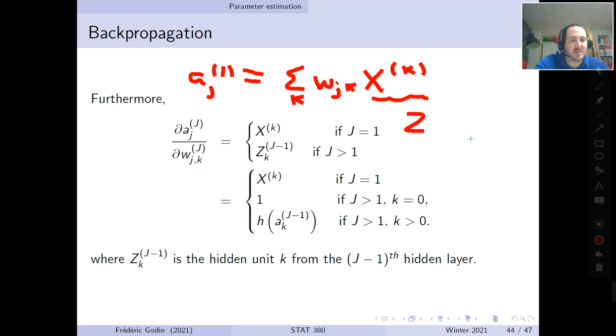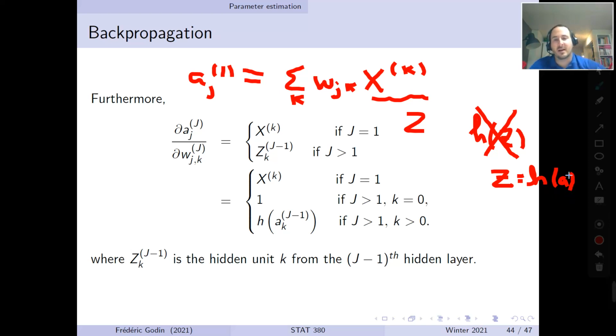Sorry, in the previous slide I said h of z, but it shouldn't be h of z. In the previous slide, when I defined the vector v, it should have been z itself, which is the h of the previous layer activations.